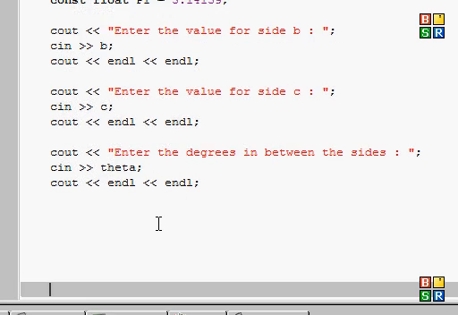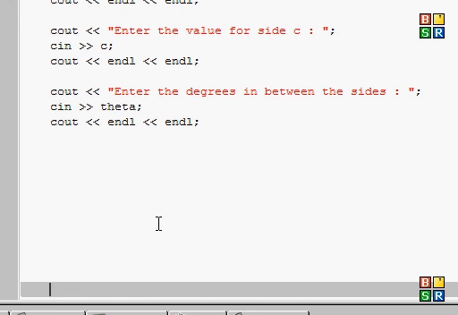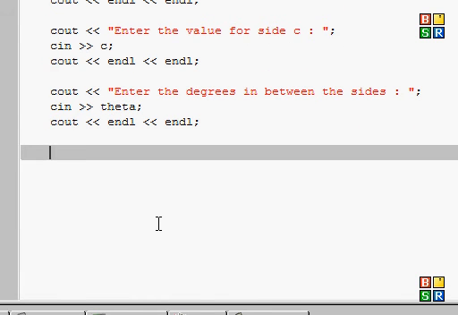Okay, now the fun assignment statement. Let's do A equals the square root of b squared plus c squared minus 2bc cosine of theta. This is gonna be fun. Lots of stuff going on.